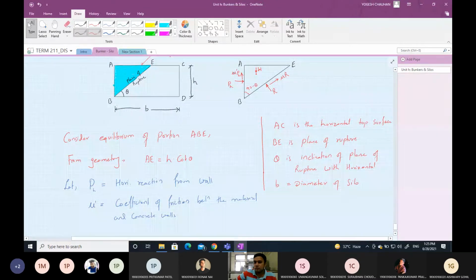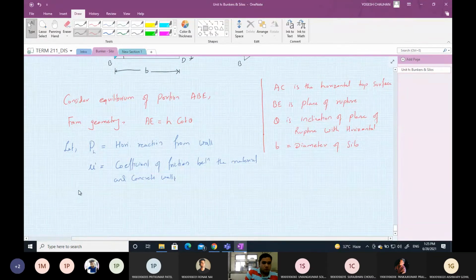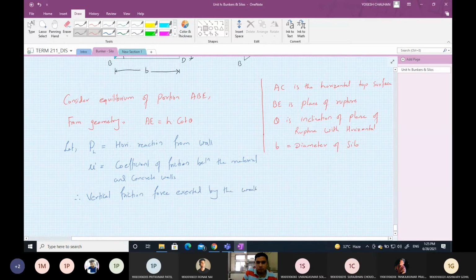This mu dash. So therefore, the vertical frictional force exerted by the wall on material will be equal to mu dash pH into dh.